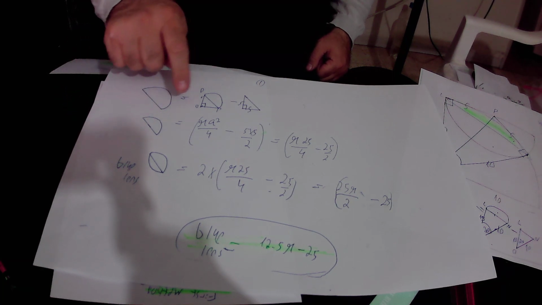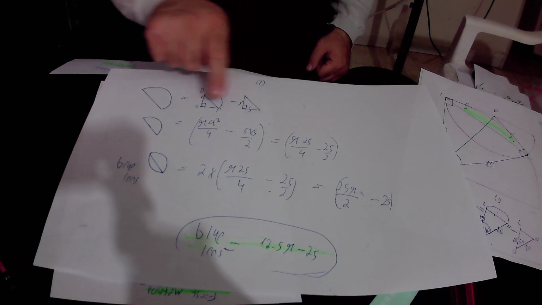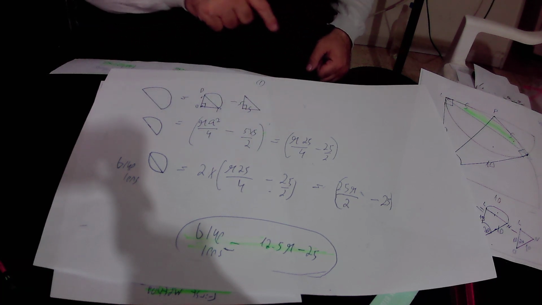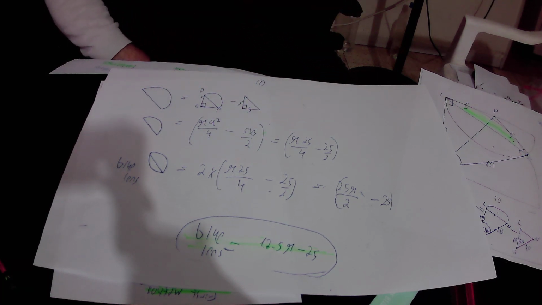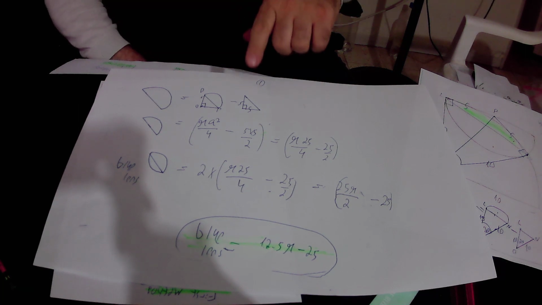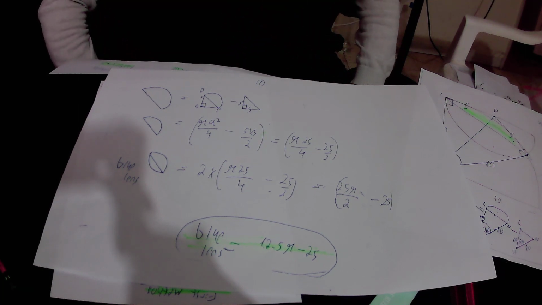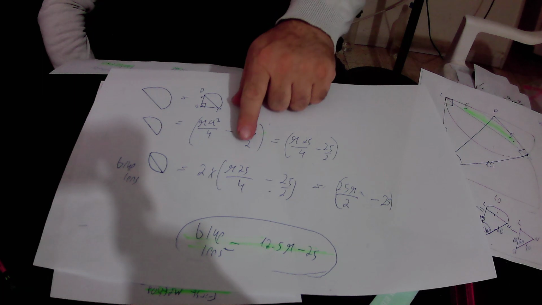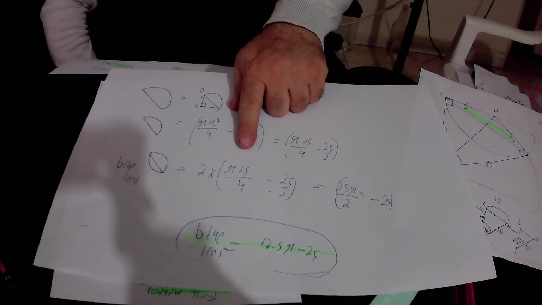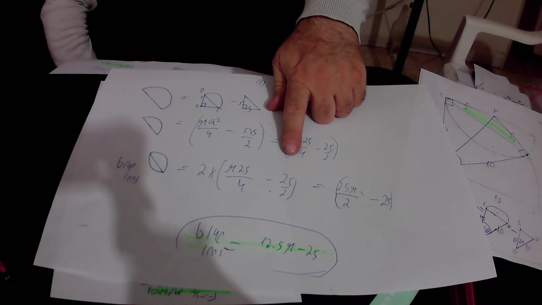So here we multiplied the area of this circular segment by 2, and the area of the blue shape equals 2 times 25 pi over 4 minus 25 over 2 times 2 over 2.